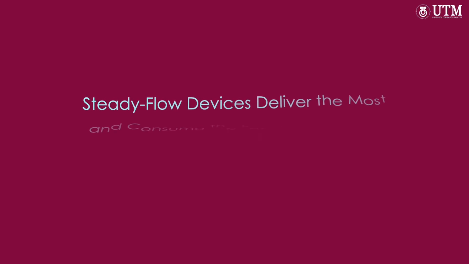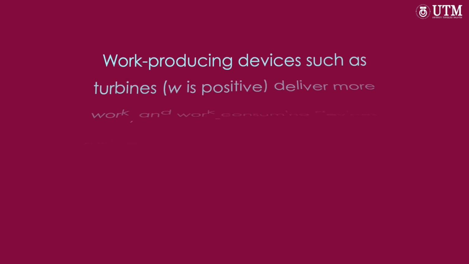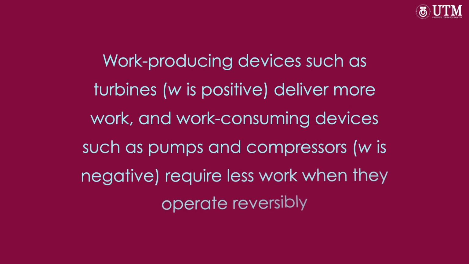Steady flow devices deliver the most and consume the least work when the process is reversible. Therefore, work-producing devices such as turbines deliver more work, and work-consuming devices such as pumps and compressors require less work when they operate reversibly.